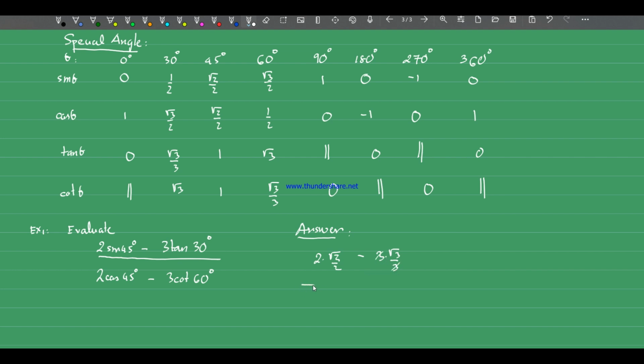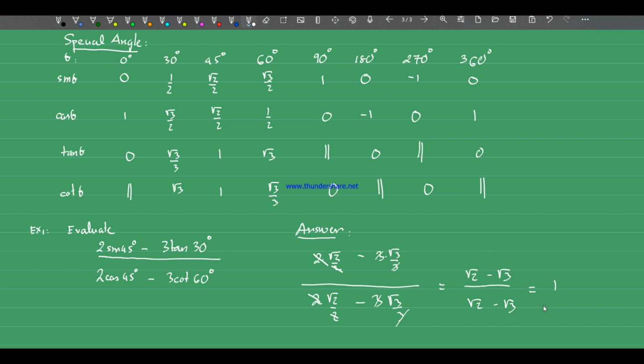Simplify that. Over cosine, which is square root 2 over 2, minus cotangent 60, which is square root 3 over 3. Simplify this. On the top you have square root 2 minus square root 3, and on the bottom you have square root 2 minus square root 3. Then it gives you 1.